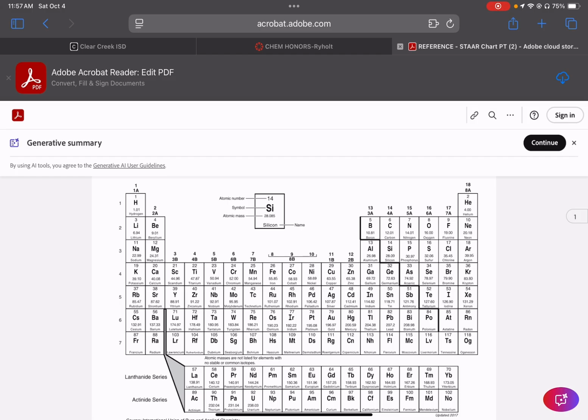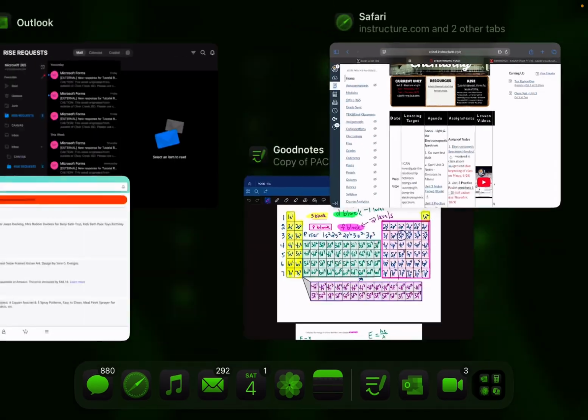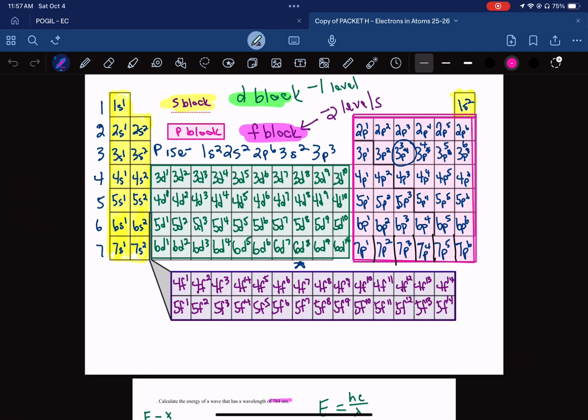There it is. So don't worry. That's actually not a good one to use. Let's see if we can find a different one. Do I have a periodic table on Canvas? I sure should. Let me see. Here we go.